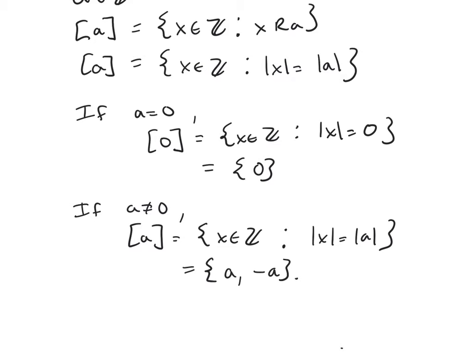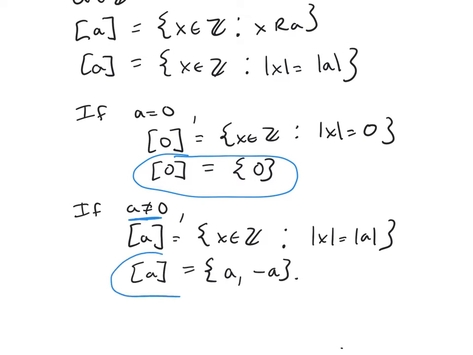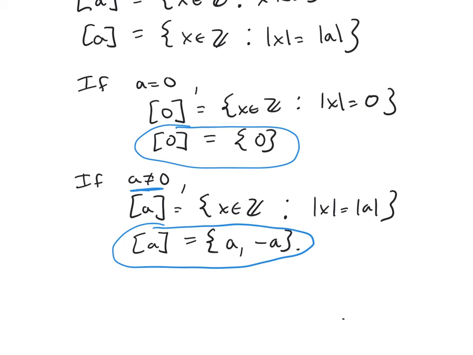We get the equivalence class of 0, which just has 0 in it, and then the equivalence class of any other integer, A, not equal to 0, will be a set with just two elements in it, A and negative A. So those are my two different possibilities for my equivalence classes here.